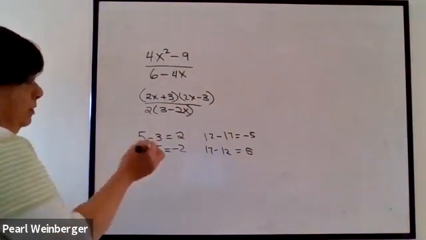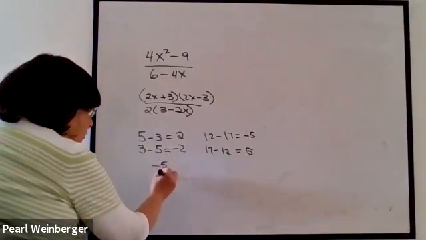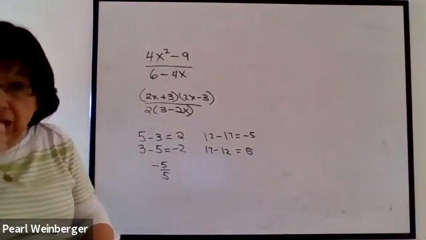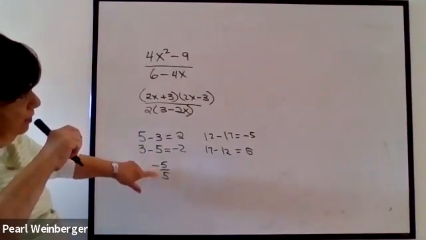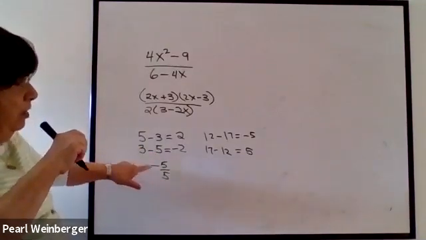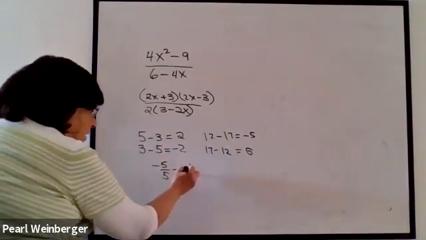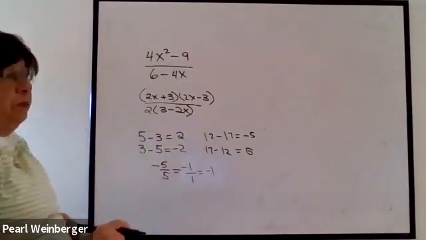Well, let's think about this. What if I have a -5 over a +5 in a fraction? Can we reduce it? We certainly can. These two numbers, I can divide both of them by 5. When I divide the -5 by 5, I get -1 over 1, or my answer is just -1.